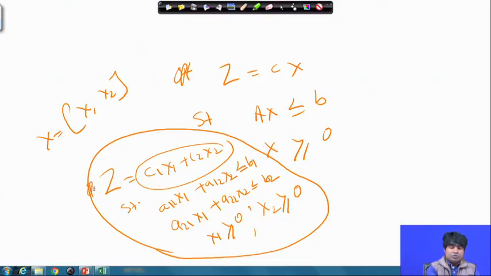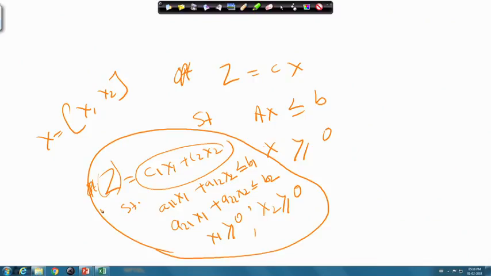Obviously, this is with respect to optimization z, and the optimization may be of maximization type or minimization type, and the constraints can be of three types. It can be a less than type, it can be a greater than type, or it may be an equality type.